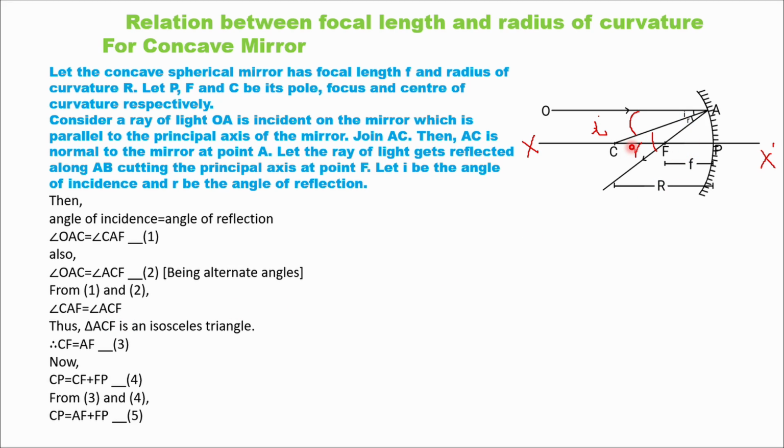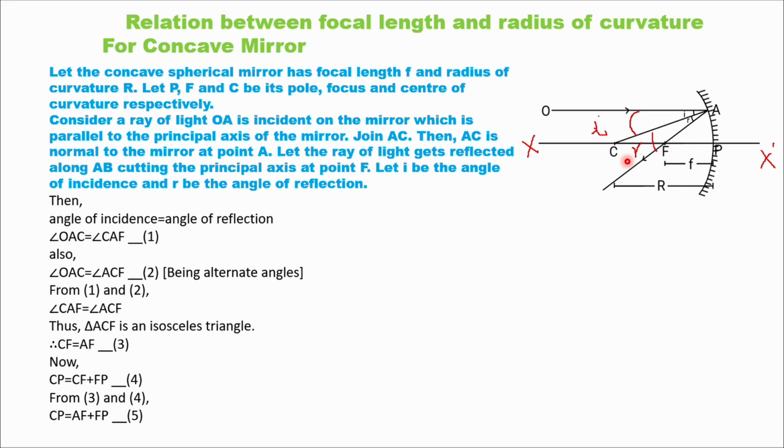Suppose in a triangle any two angles are equal, that triangle is said to be an isosceles triangle. In the isosceles triangle, two angles are equal. Similarly, two sides are equal. What are the two sides? CF and AF. So therefore, CF is equal to AF. Now recall CP.